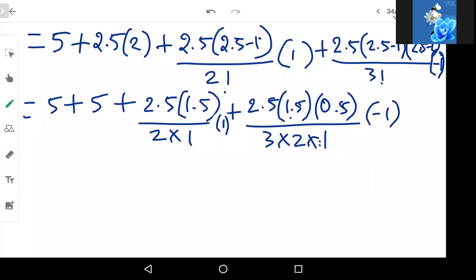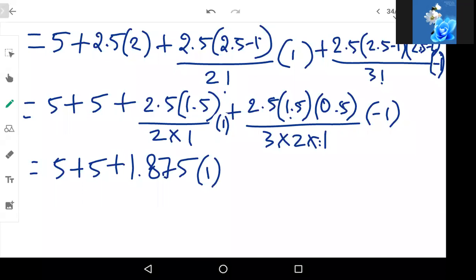Now next, 5 plus 5 plus, multiply 2.5 into 1.5 divided by 2 into 1. 2.5 into 1.5 divided by 2, you will get 1.875, into 1 is as it is.